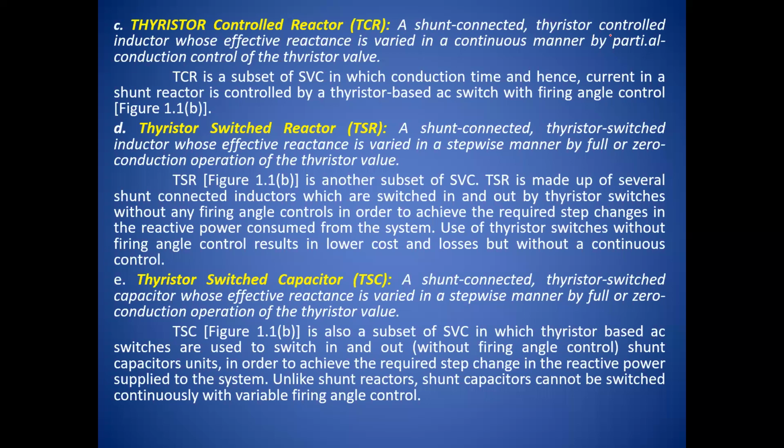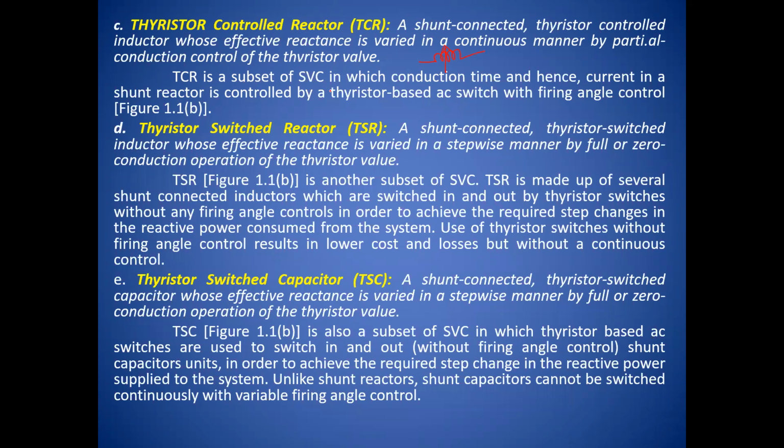A shunt connected thyristor controlled inductor whose effective reactance varies in a continuous manner by partial conduction control of thyristor valves, isn't it? So here we change the firing angle, and by changing the firing angle, it is possible to have smooth control of the reactor value, isn't it?